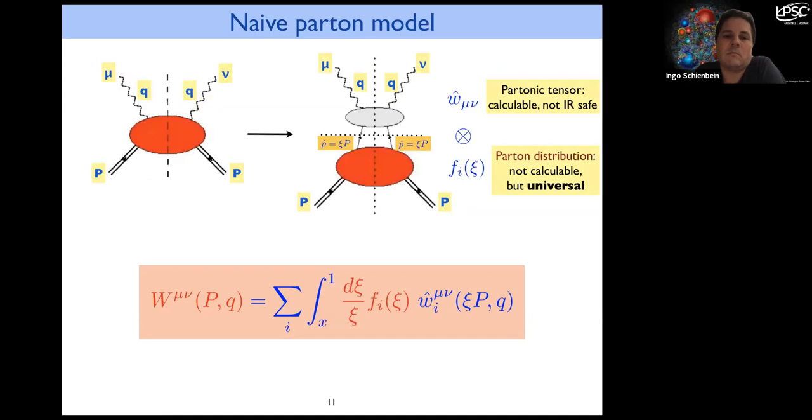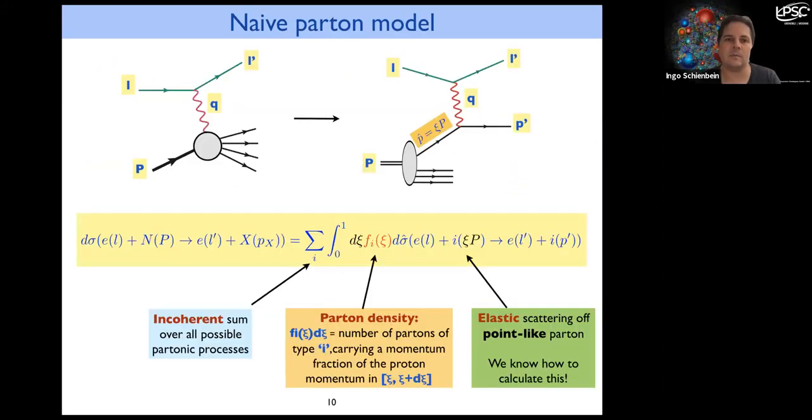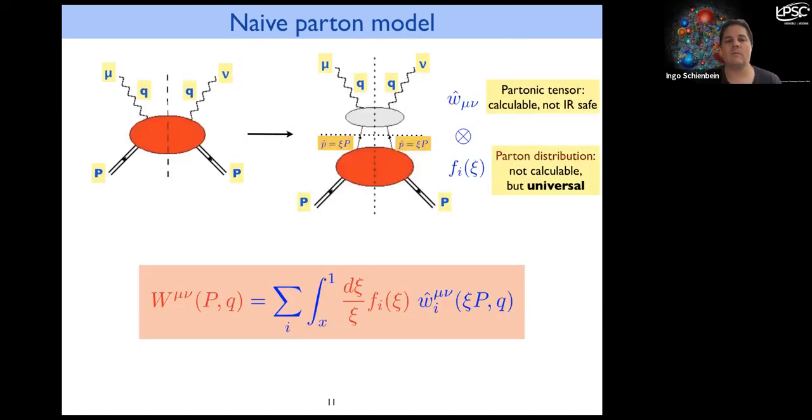One can also do the same at the level of the hadronic tensor. So if we square those diagrams here and strip off the leptonic part on the top, we find on the left the hadronic tensor, graphically represented, and on the right in the parton model, where again we pick out a parton with momentum fraction xi, which goes out and goes back in here.